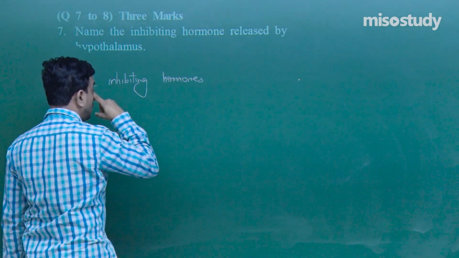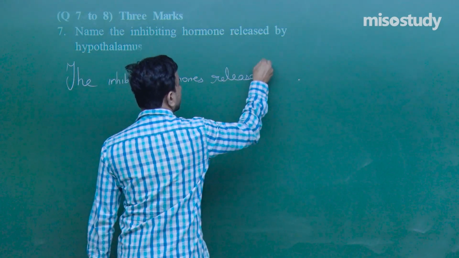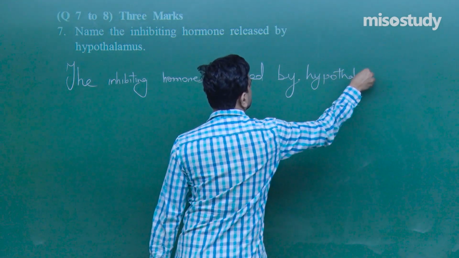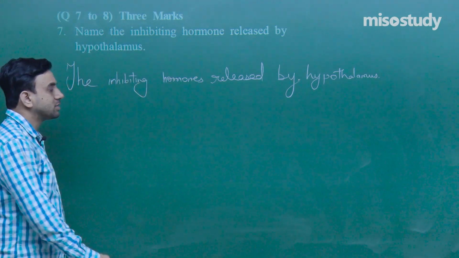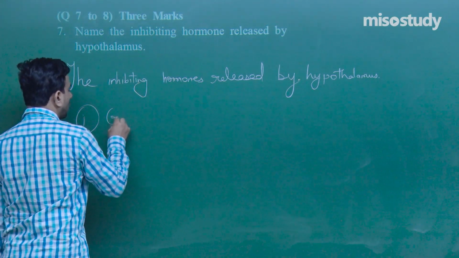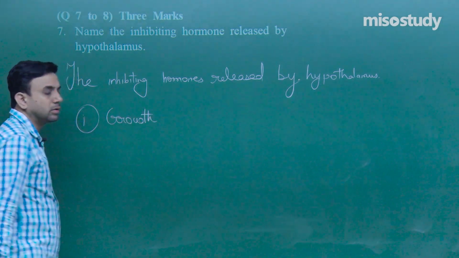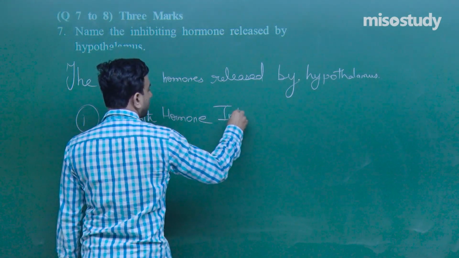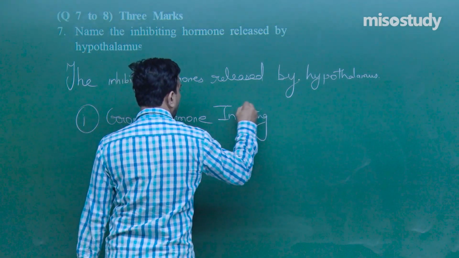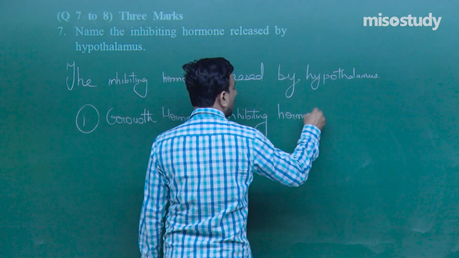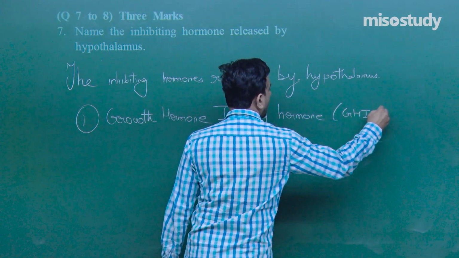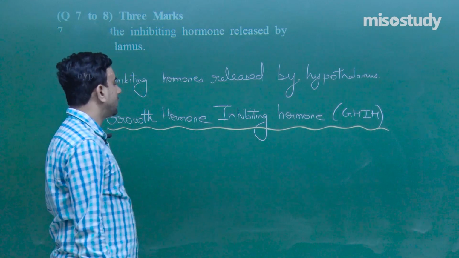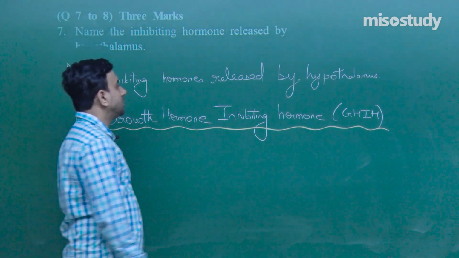The first one is growth hormone inhibiting hormone, GHIH. This is released by the hypothalamus.